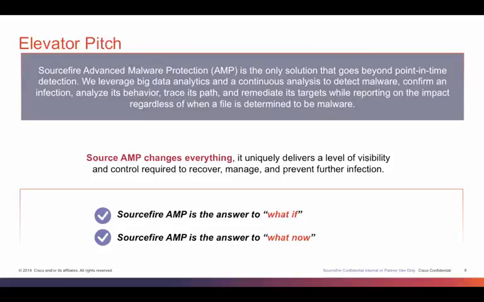We leverage big data analytics and continuous analysis to detect malware, confirm an infection, analyze its behavior, trace its path, and remediate targets while reporting on the impact regardless when the file was determined to be malware. That's completely different than what most of our customers know today. As a matter of fact, it's changing the game because we're answering the questions for what if something happens, or when something happens, what now?